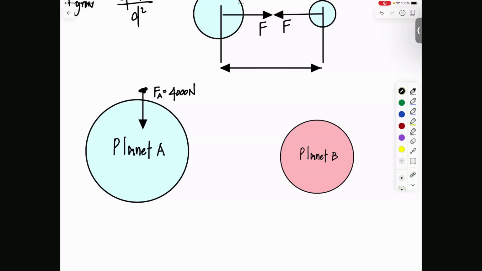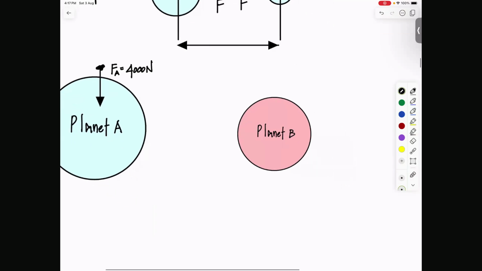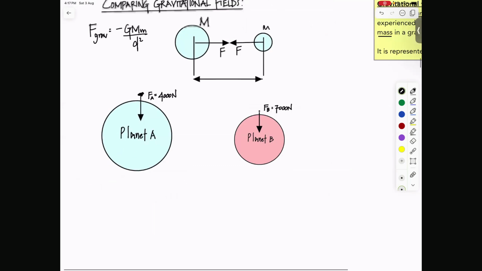We don't know what the mass is. There's another mass here on planet B that experiences a force due to planet B, and the force is 7,000 Newton.